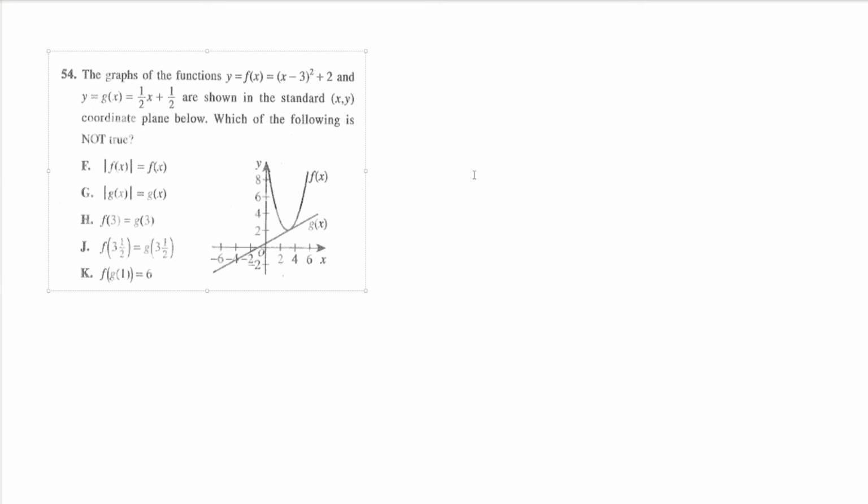So if I'm telling you that f of x doesn't ever get changed when I take the absolute value of it, I'm telling you it's always positive. Is that true? That the value of f of x is always positive? Why?